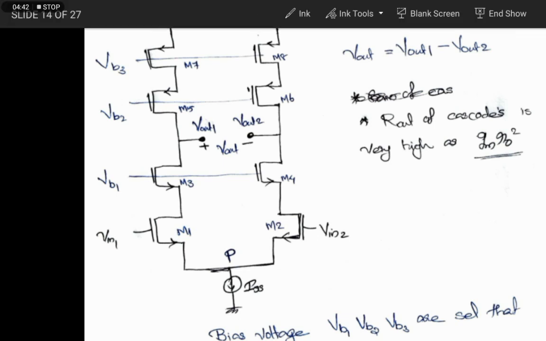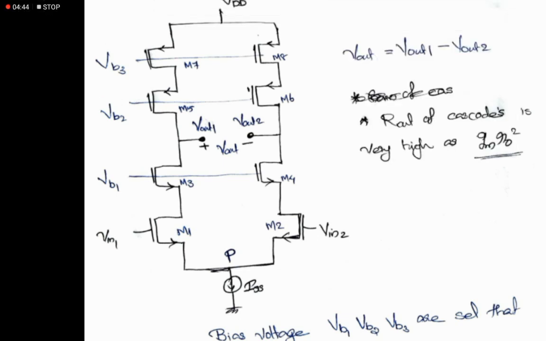We are not applying a voltage source and finding the current, because that took a long time, as we discussed in the previous session on the current mirror circuit. This would become more complicated.